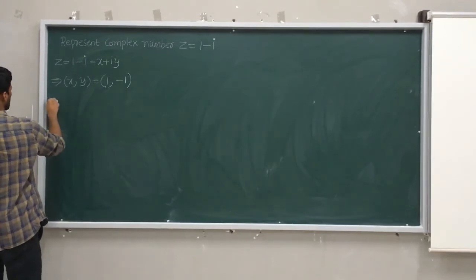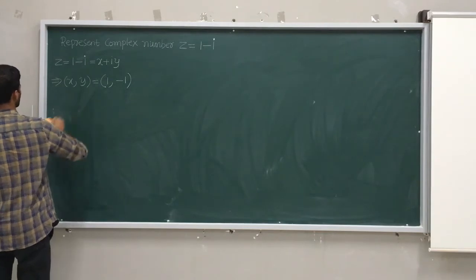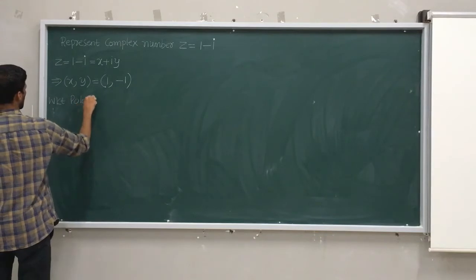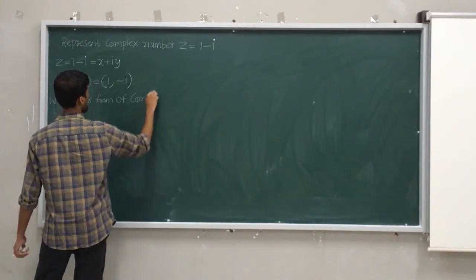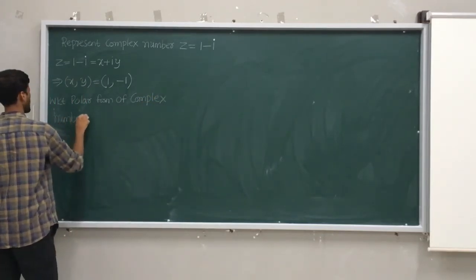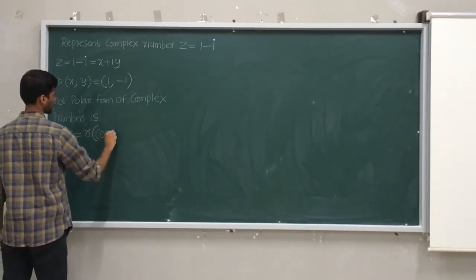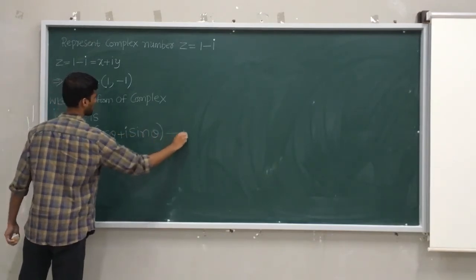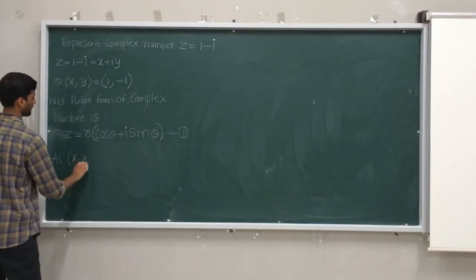We know that the polar form of a complex number is z equals r times cos theta plus i sin theta.